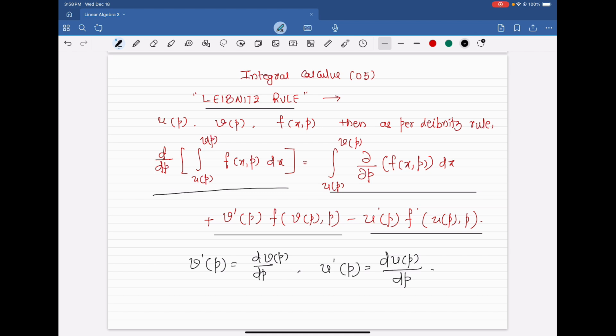Function of x or y, that I want to differentiate by keeping the variable in the brackets.